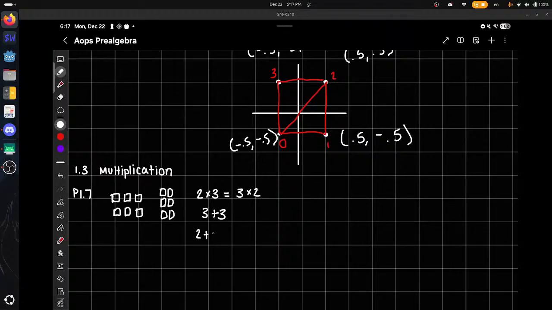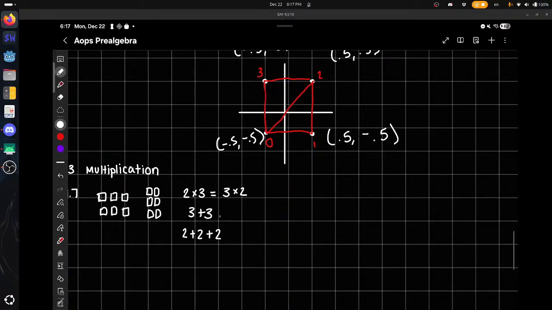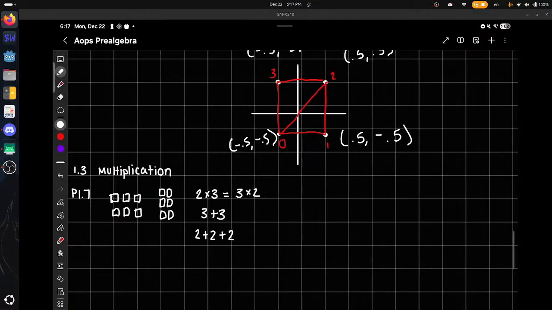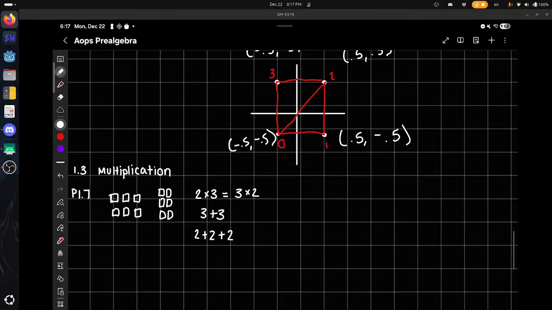So it could be either version, meaning that because this is addition, we can arrange the numbers in any order and still get the same result. So I think what they're trying to show you is that multiplication is commutative, just like addition, because multiplication is repeated addition.